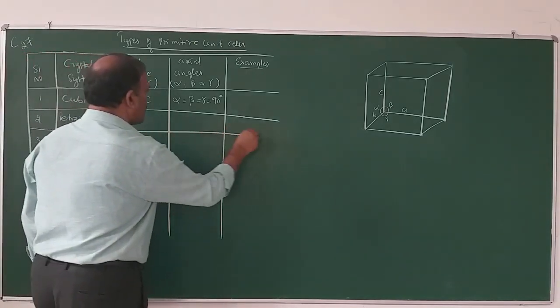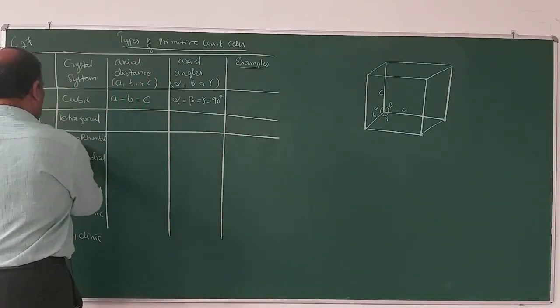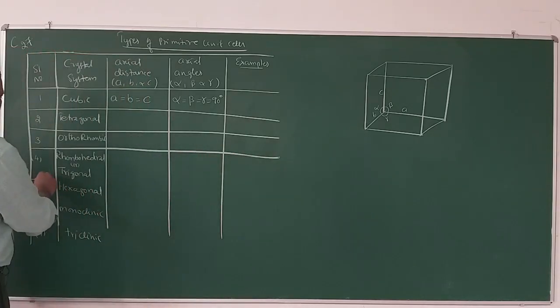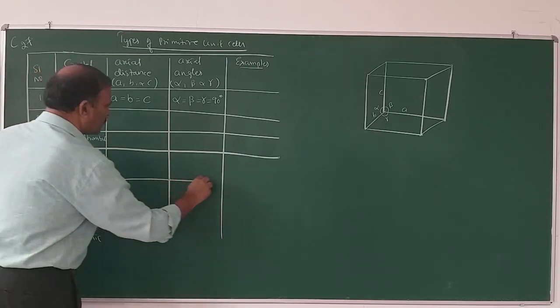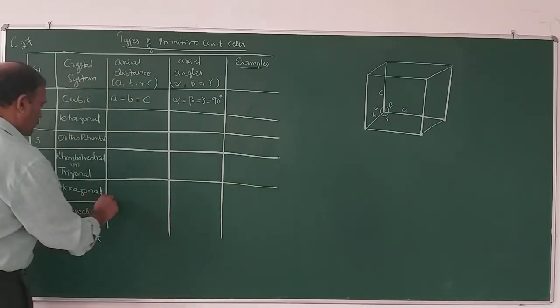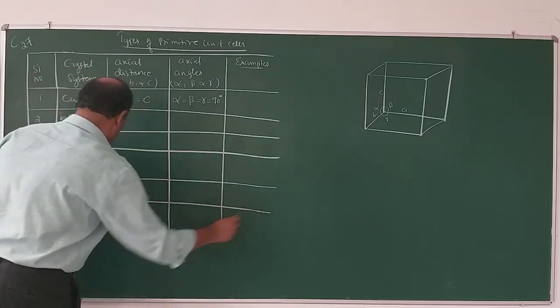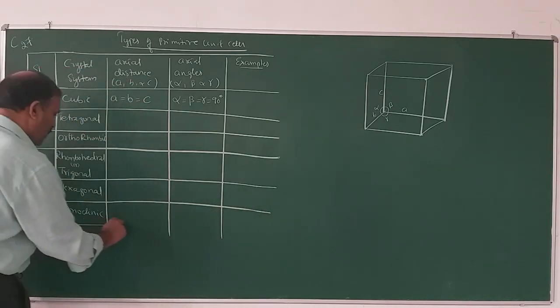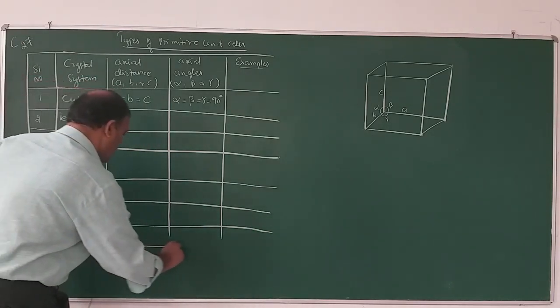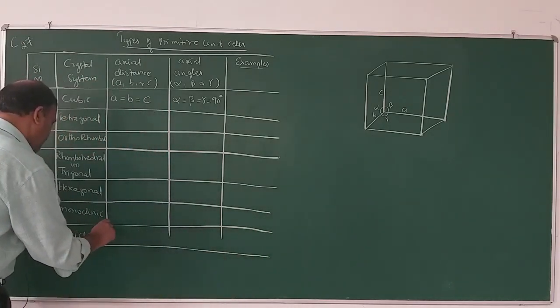The first one is cubic, the second one is tetragonal, the third one is orthorhombic, the fourth one is rhombohedral or trigonal, the fifth one is hexagonal, the sixth one is monoclinic, and the seventh one is triclinic.